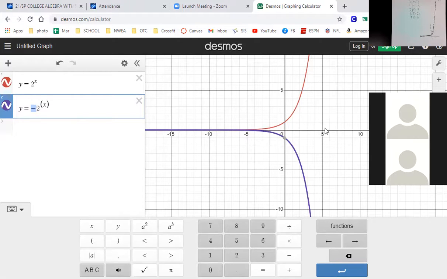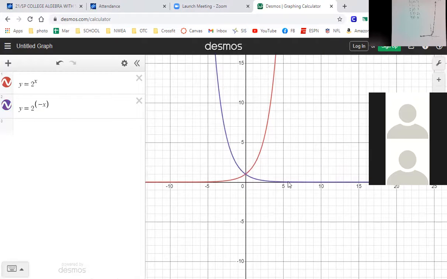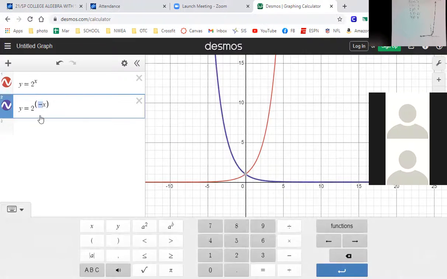So again, your x-axis is the horizontal one, the left to right. A negative in the exponent flips your graph over the y-axis. So again, your y-axis is your up and down. So the negative in your exponent flips your graph over the y-axis.